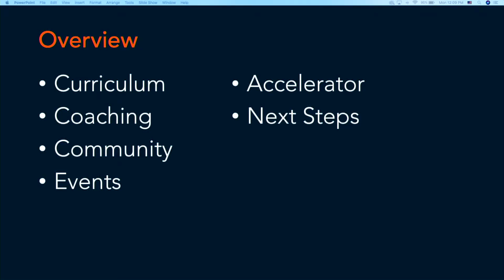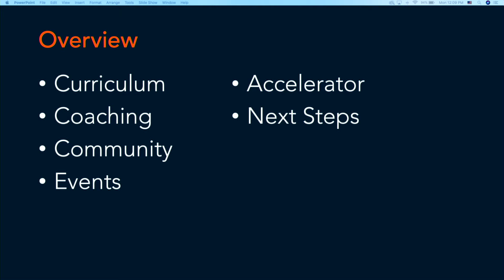As far as what the Startup Studio contains, it's broken up into two columns. On the left side, you have all of the services or ways that we aim to teach you entrepreneurship: curriculum, coaching, community, and events. We hope that these will come at you from different places and work together to create a well-rounded entrepreneurship education for you.